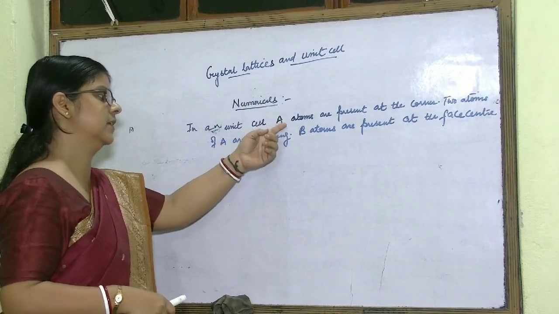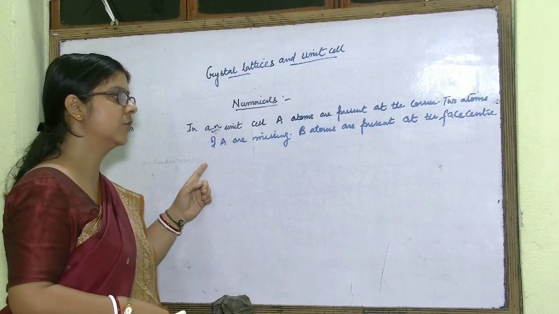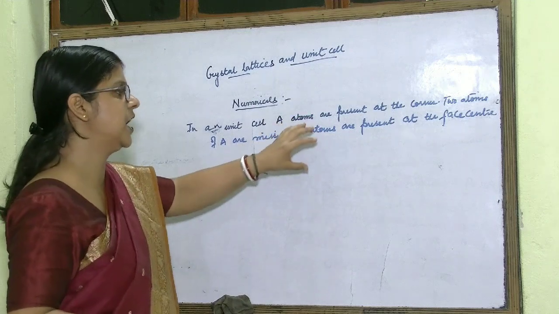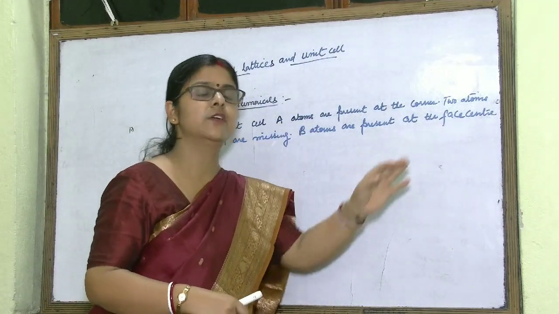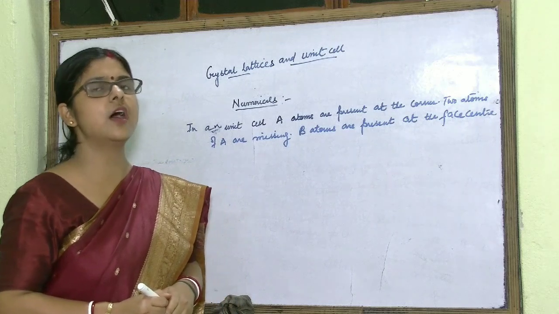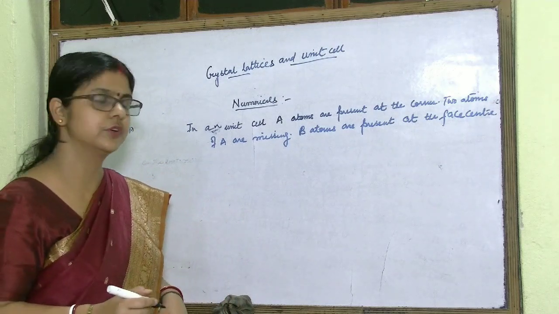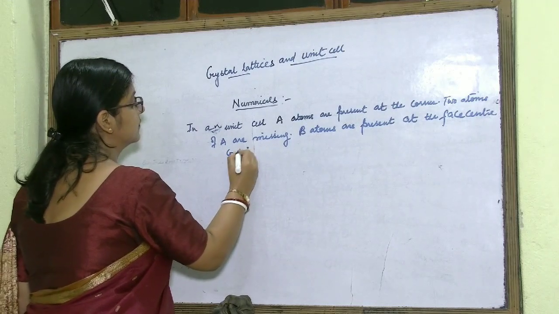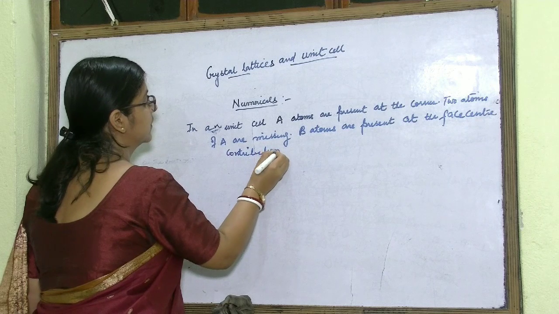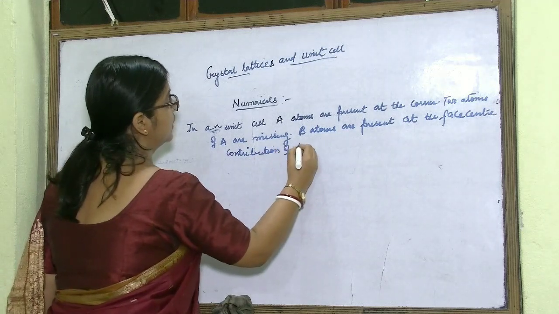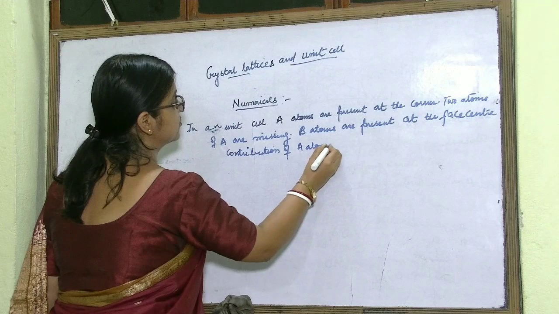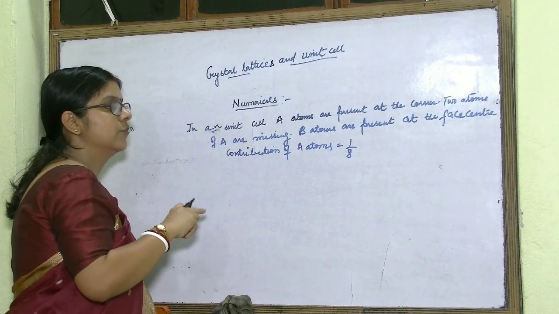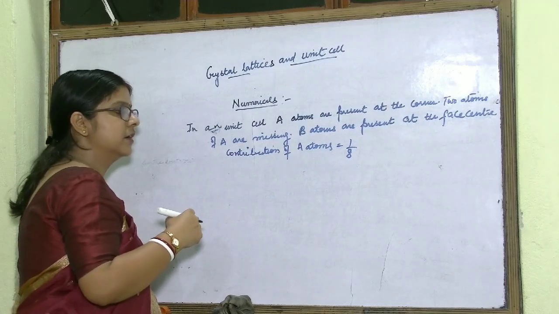In a unit cell, A atoms are present at the corners and 2 atoms of A are missing. And where are the B atoms? B atoms are present at the face centers. If you are asked to find out the formula of the compound, then how will you calculate? Contribution of A atoms will be equal to how much? The contribution of a particle at each corner is 1 by 8.